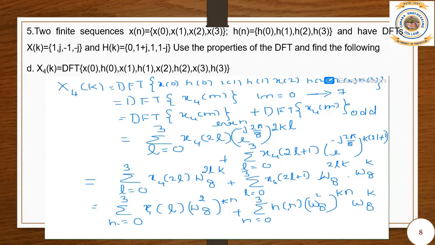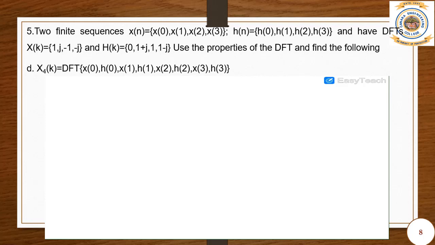Now, we will make use of the property of DFT, where we know that Wn square is equal to Wn by 2. In our case, it means W8 square is equal to W4. This we can prove also.